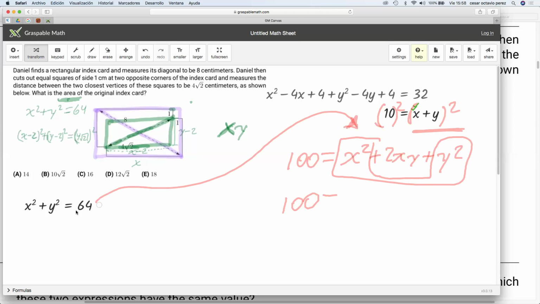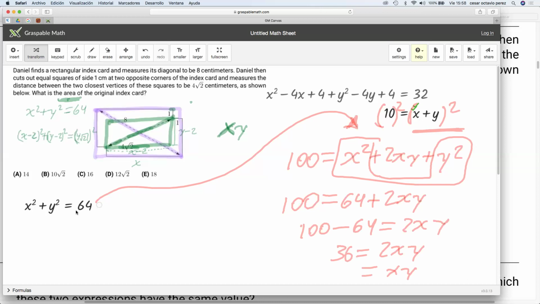We will get 64 plus 2 times xy. 100 minus 64 equals 2xy. 36 equals 2xy.